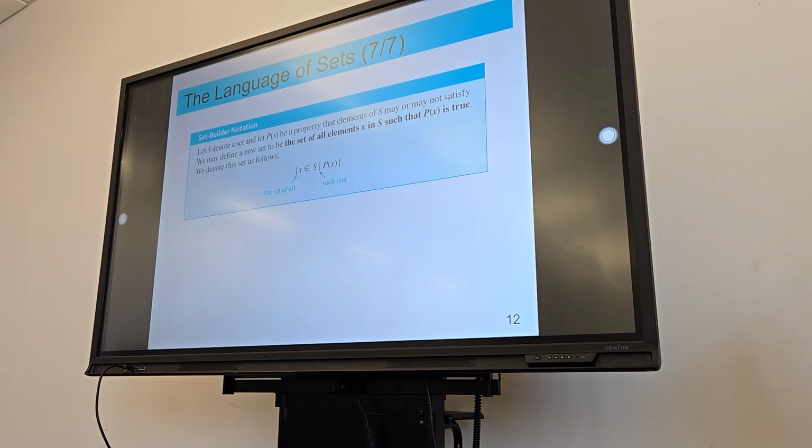Set builder notation. Let S denote a set and P be a property. P of X is a property that elements of S may have, or may not satisfy.